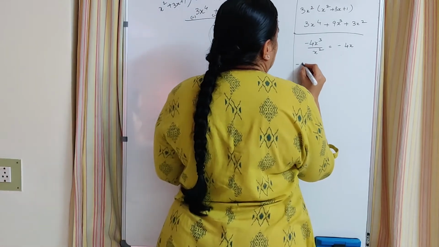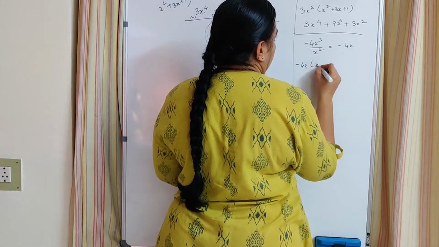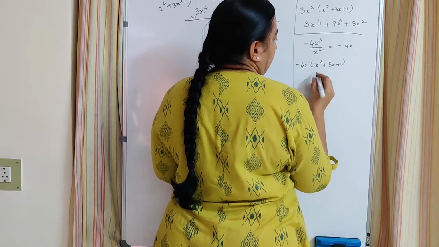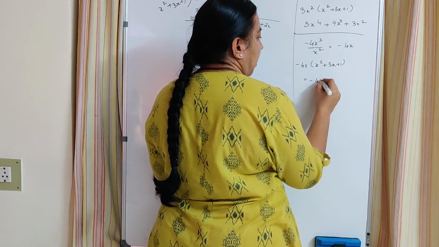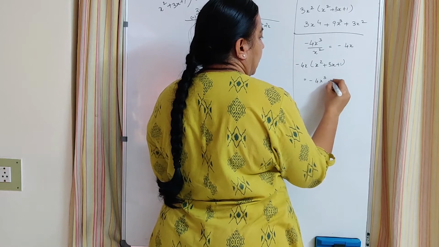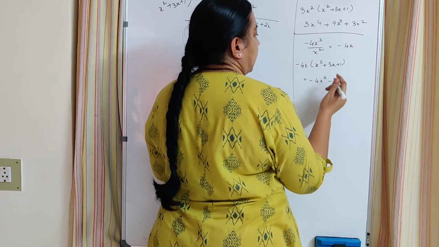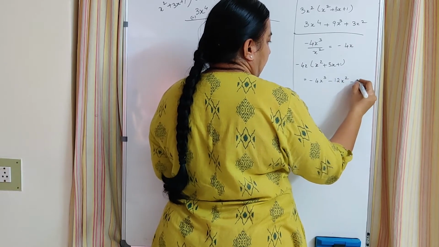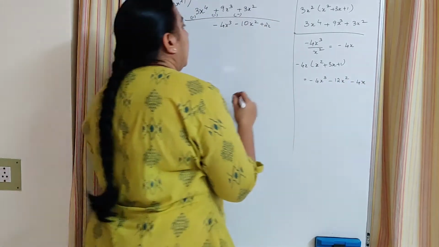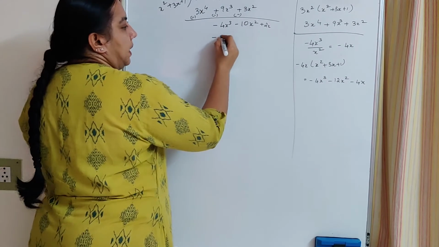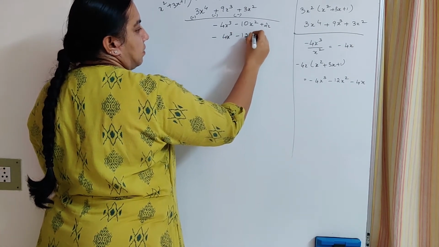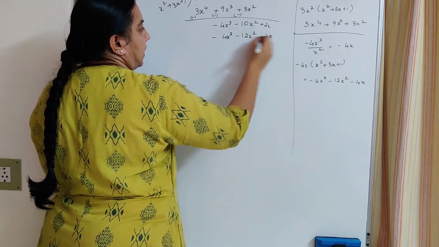Then minus 4x into x square plus 3x plus 1 is equal to minus 4x cube, minus 3 4s are 12x square, minus 4x. So minus 4x cube minus 12x square minus 4x.